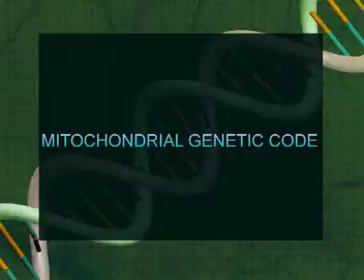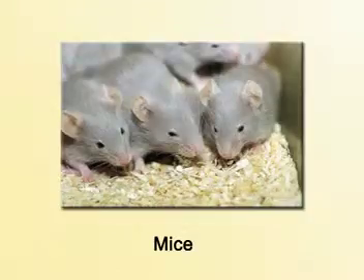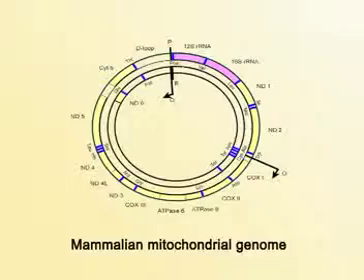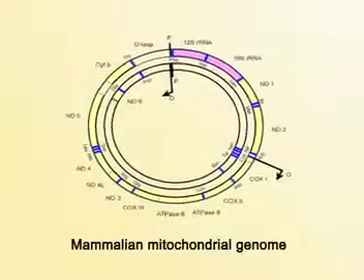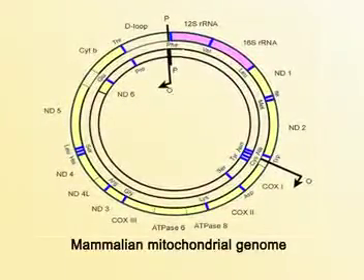Mitochondrial genetic code. In 1979, scientists began to determine the complete nucleotide sequences of the mitochondrial genomes in humans and mice. It came as a shock when these scientists learned that the genetic code used by these mammalian mitochondria was not quite the same as the universal code that has become so familiar to biologists.